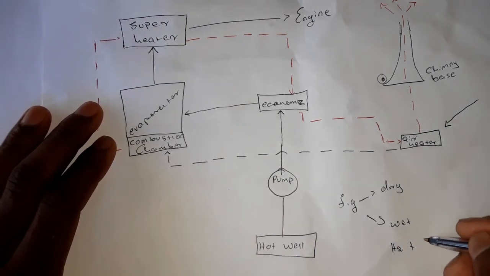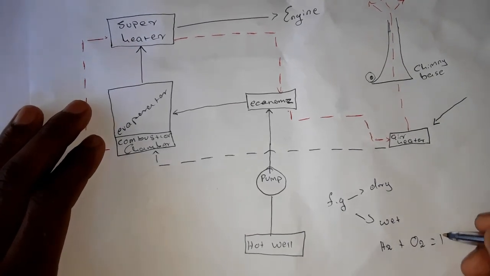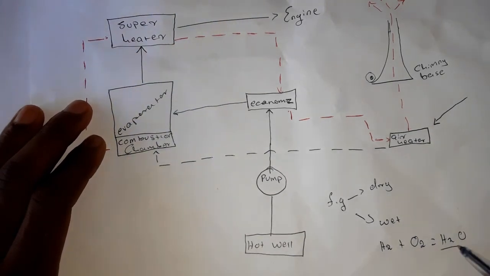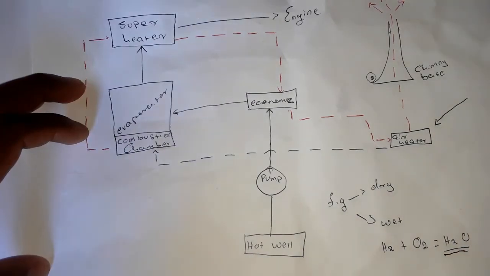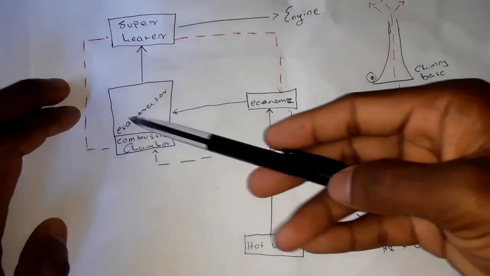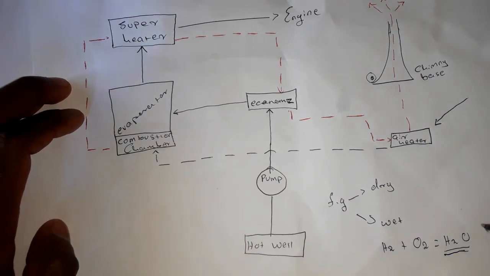We know that hydrogen, when it reacts with oxygen, the product that we are going to get is H2O. We know this from combustion of fuel, Power Mechanics 5. So this water is now in the combustion chamber. The water will absorb the heat energy that is in the combustion chamber, which will convert it into superheated steam, which will later escape the steam plant with that heat energy.